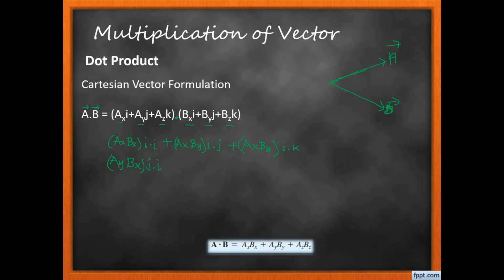And plus, second term, AY times BY, and then we have yung variable natin, which is j multiplied by yung BY natin, meron din siyang j. Then plus, we have the third term dun sa ating B. Meron tayong AY times BZ multiplied natin yan sa j and k.